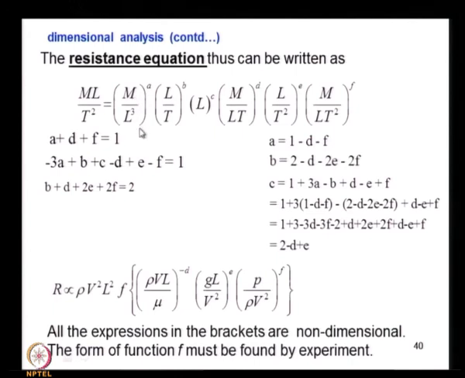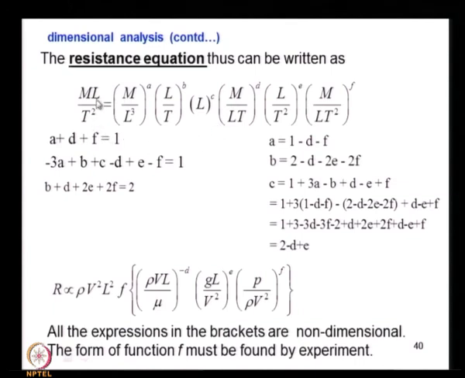So, rho is m by L cube and v raised to b, v is L by T raised to b, then length L raised to c, then m by L T, this is the viscosity which you have derived now, and L by T square, that is g, and the final one is the pressure, that also we derived now. So, we derived this just now and get back to the resistance relation, this is the relation normally you put.